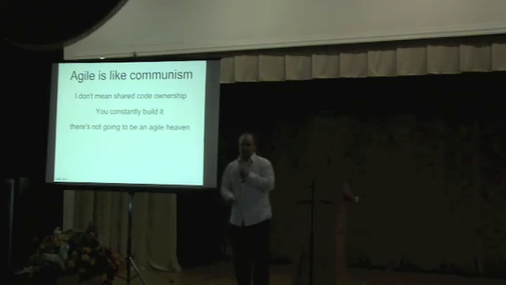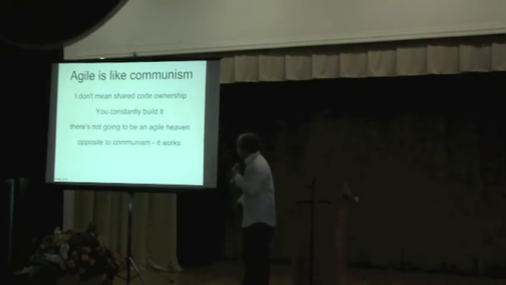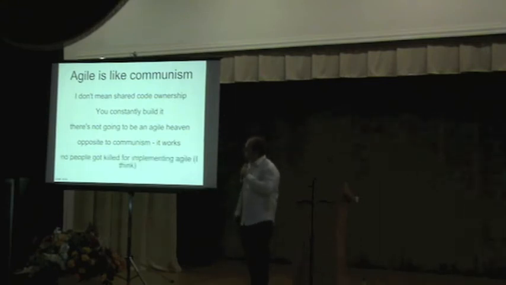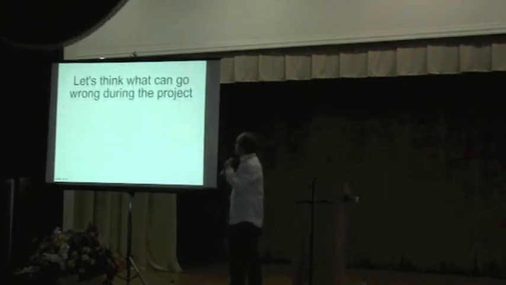And there's never going to be an agile heaven. It's a utopia. I don't know how it's said in English, but it's a dream. But opposite to communism, implementing just parts of it, or trying to implement it more and more, works quite well and brings good results. And nobody got killed, so that's also good.